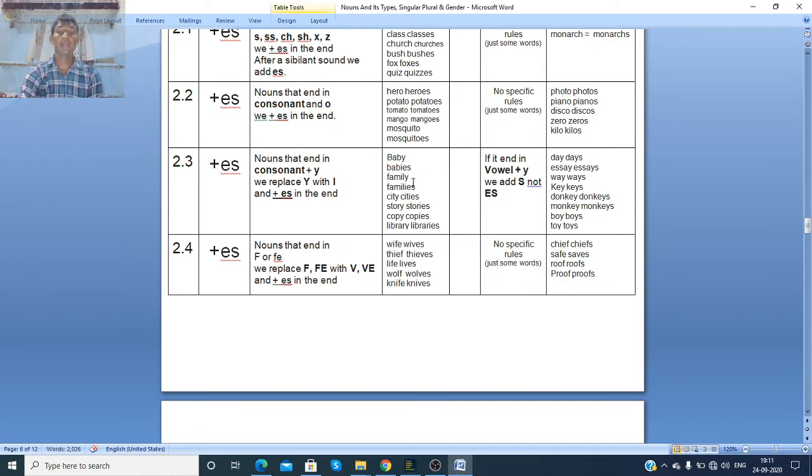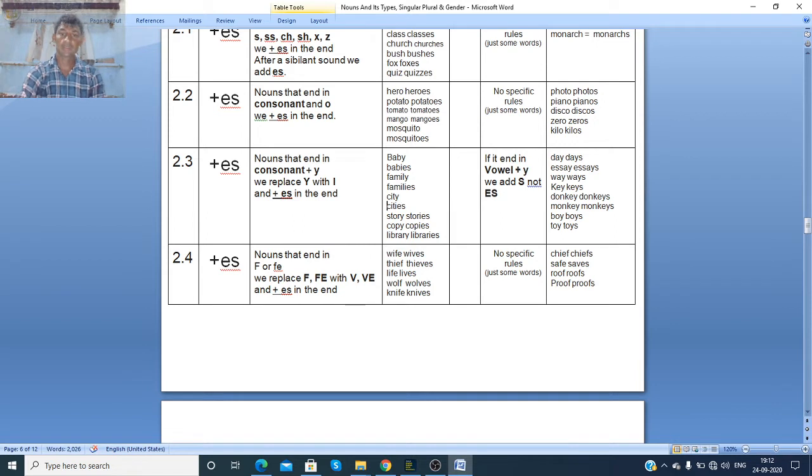Family: L is a consonant and then Y. So we replace Y with I and add ES. Family will become families. City: T is a consonant and then Y. So we replace Y with I. City will become cities.